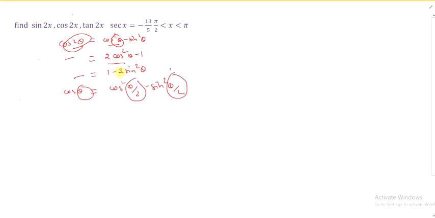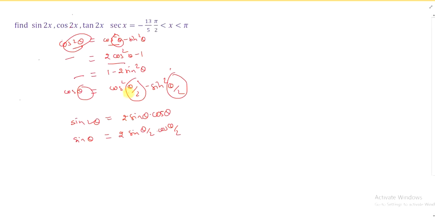Similarly, sin 2 theta is equal to 2 sin theta into cos theta. So the same formula for sin theta can be written as sin theta by 2 into cos theta by 2, isn't it?